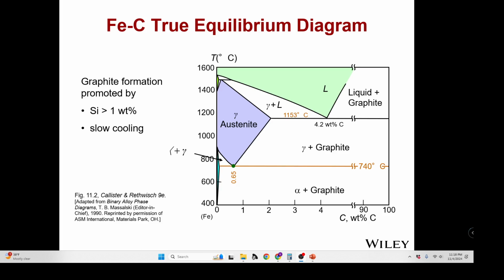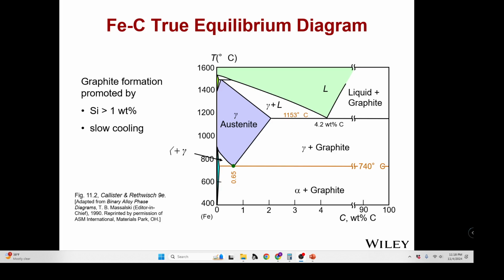But in the equilibrium diagram we can see here, as you go all the way up to 90 and 100 weight percent carbon, there's liquid and graphite on the other side of that 6.7%. And this is why we don't spend a lot of time including the entirety of the range. For these larger carbon values, you get a combination of liquid and graphite, austenite and graphite, alpha and graphite.